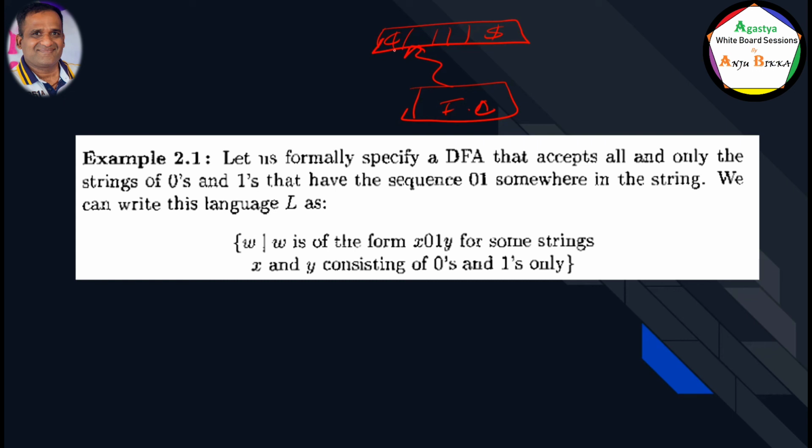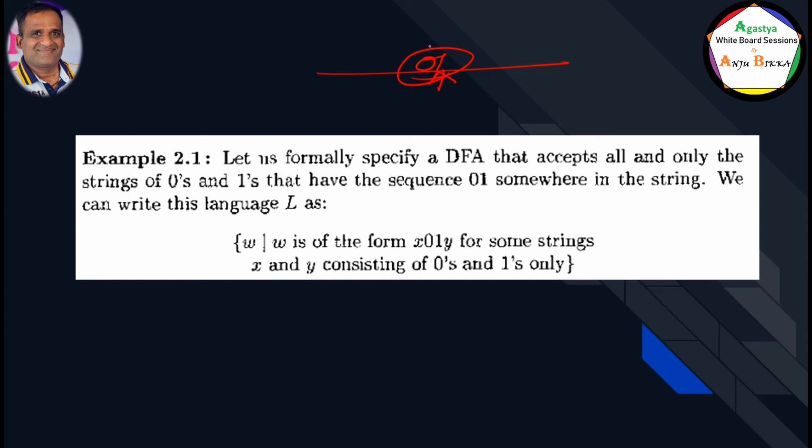The head starts from the left end marker until the dollar and reads one symbol at a time. Whenever the dollar is reached, if the finite control ends up in a final state, then it is accepted. In a non-final state, it is rejected. So the condition here is that if 01 appears somewhere in the string, it needs to be accepted, otherwise rejected.